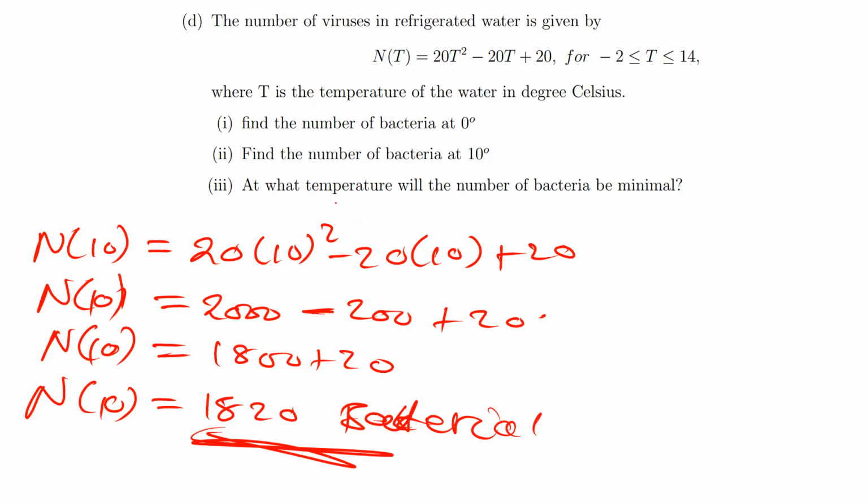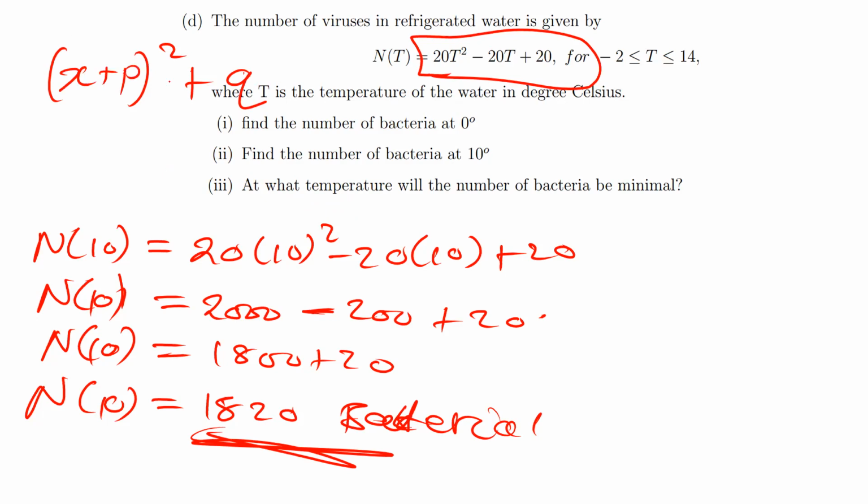With completing the square, you complete the square of this expression, and it's always like this: you have X plus P, then plus Q this side, and you have A this side.